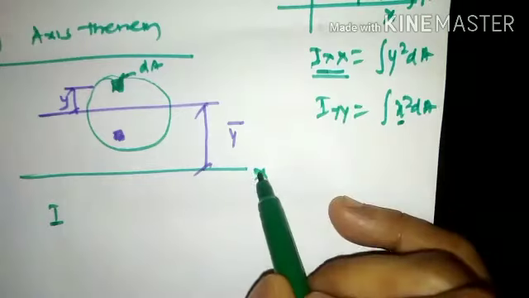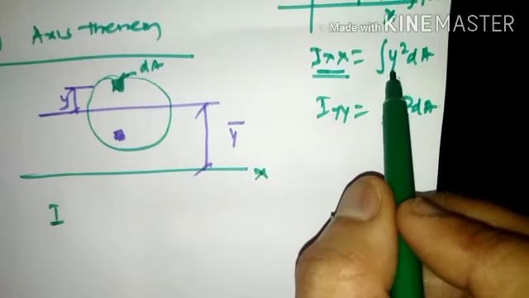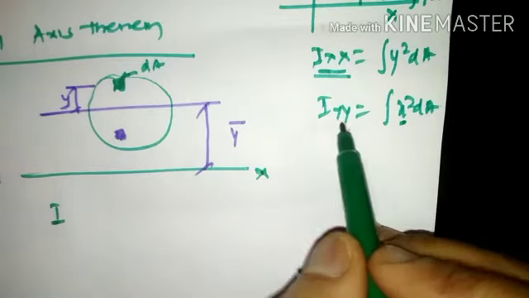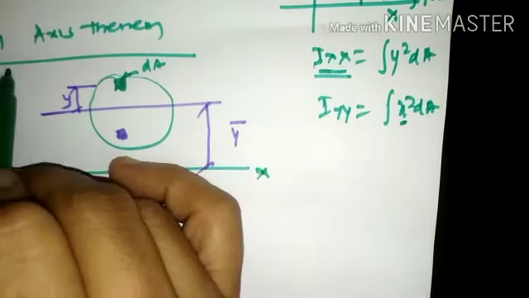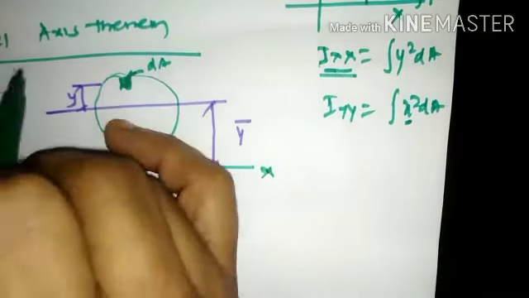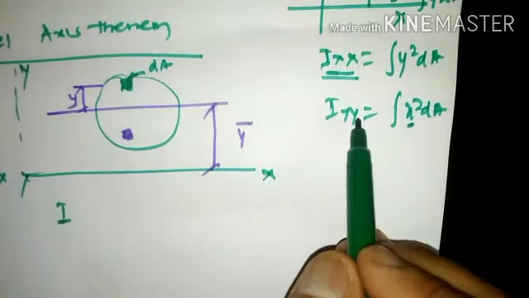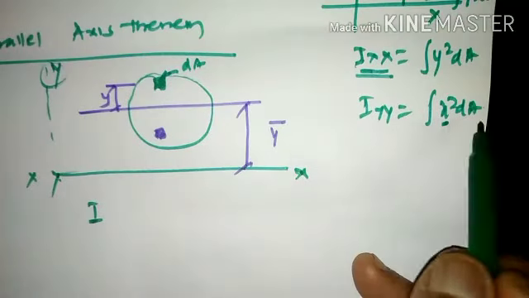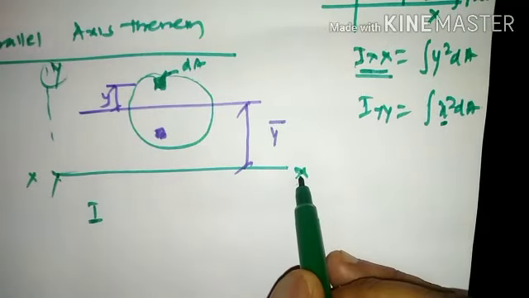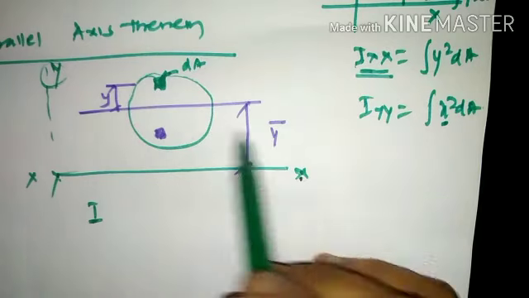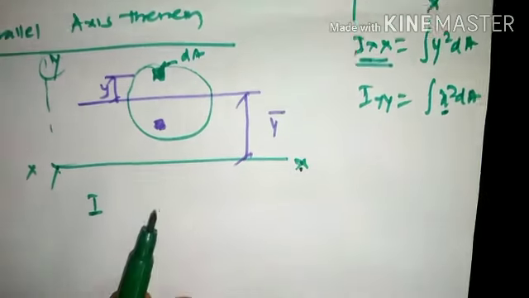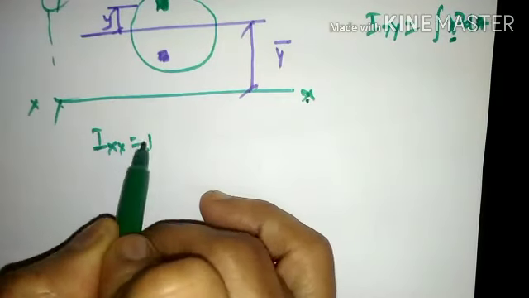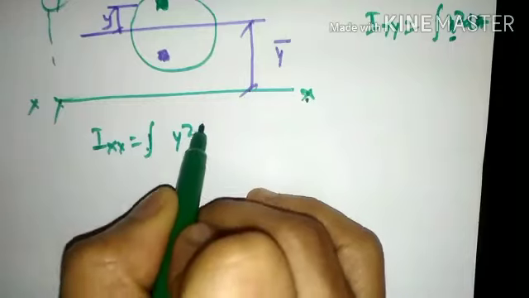If I want to find Ixx, I shall multiply by y as the perpendicular distance for the elemental area. Likewise, if I place the same element along the y axis, the moment of inertia about that axis would be integration x square dA. So with reference to Ixx, the moment of inertia would be integration y square dA.